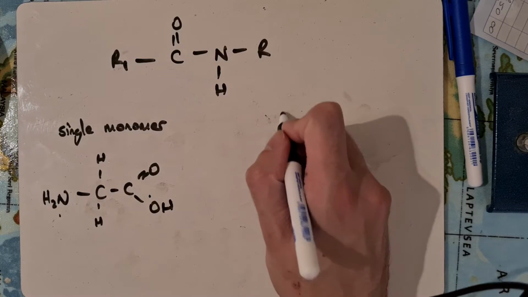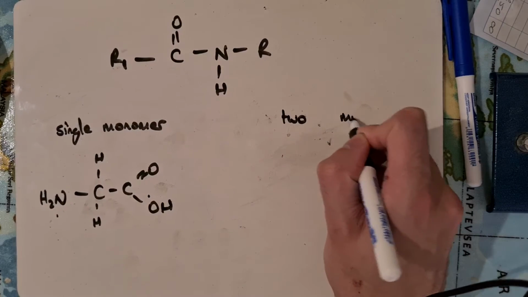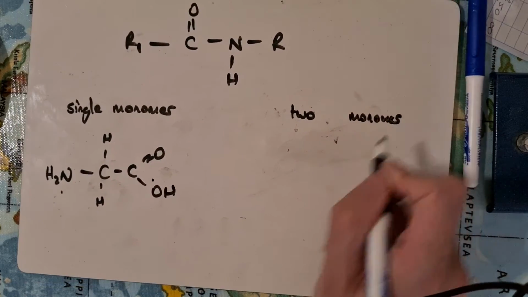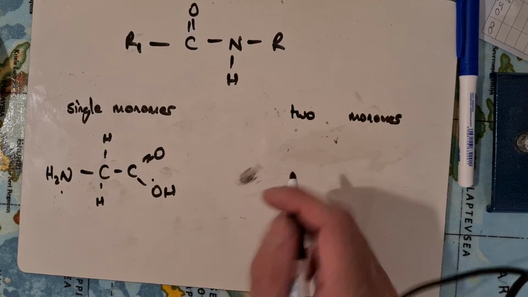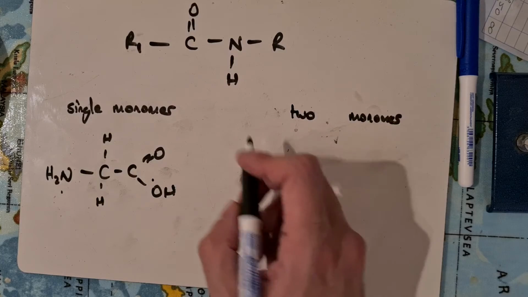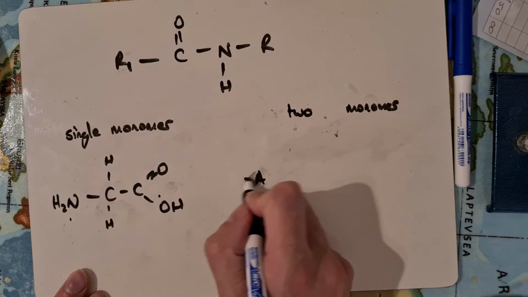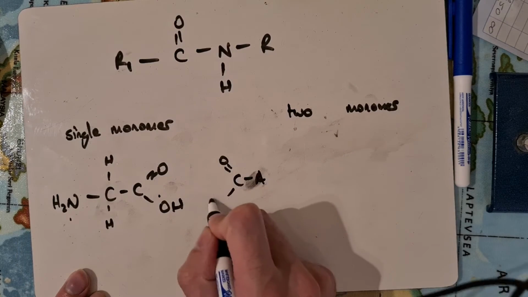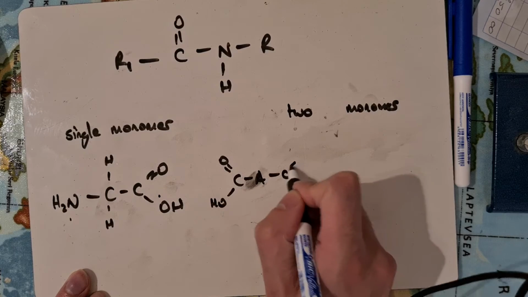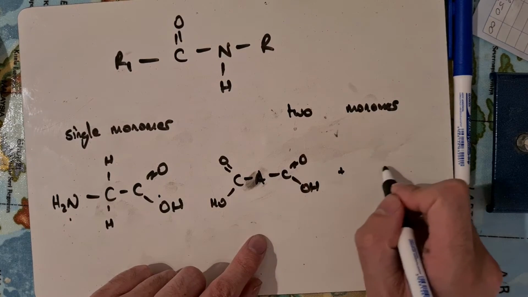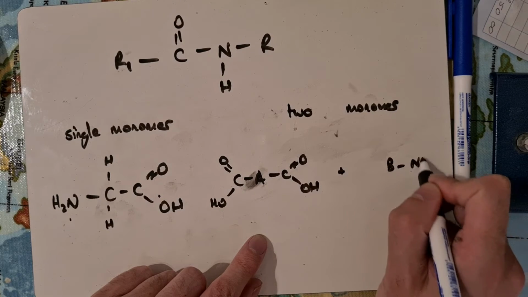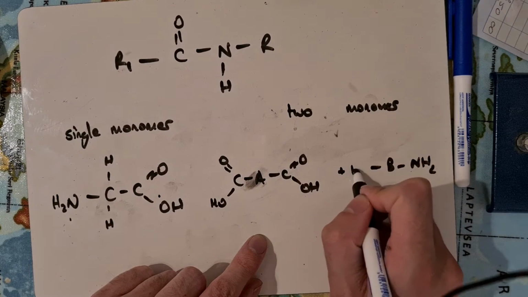Or from two monomers, where one, call this A again, has a carboxylic acid group, or two carboxylic acid groups, and B is a diamine.